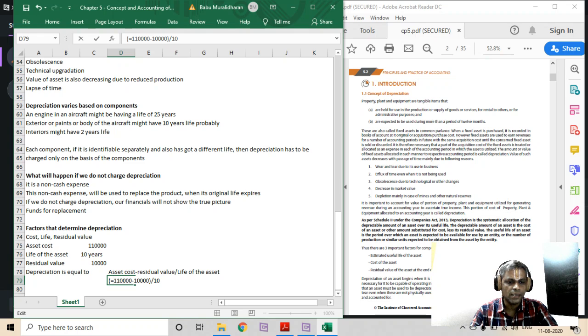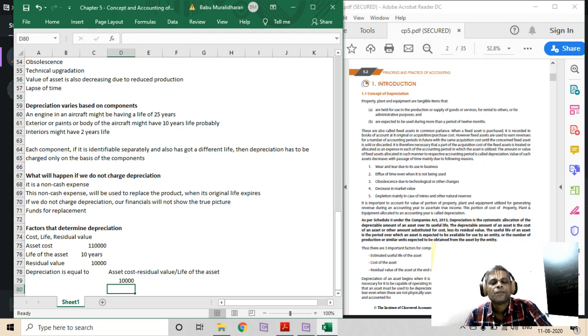Divided by 10. So 10,000 rupees will be charged as depreciation every year.